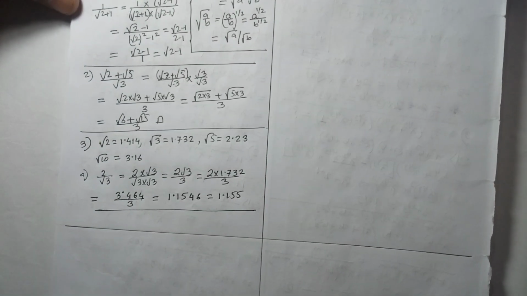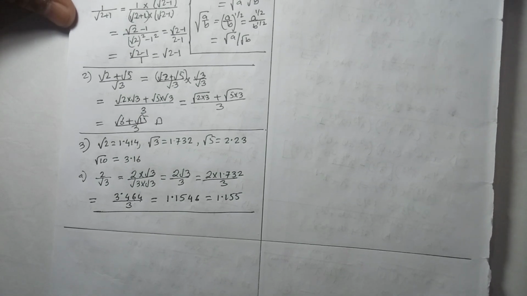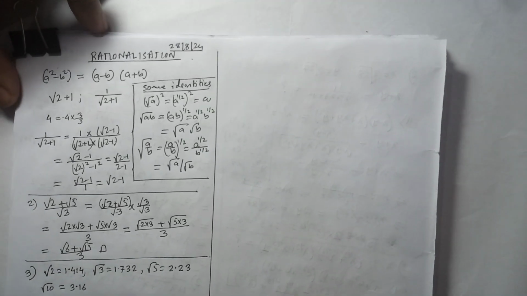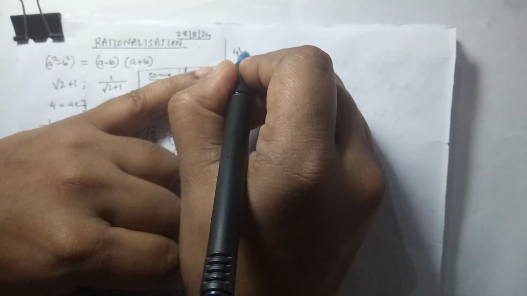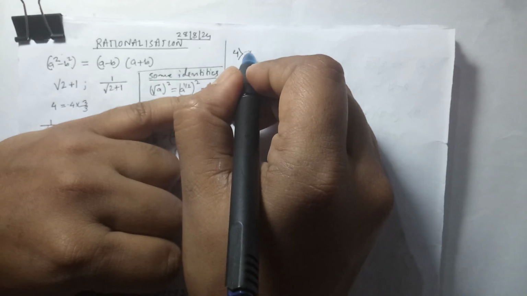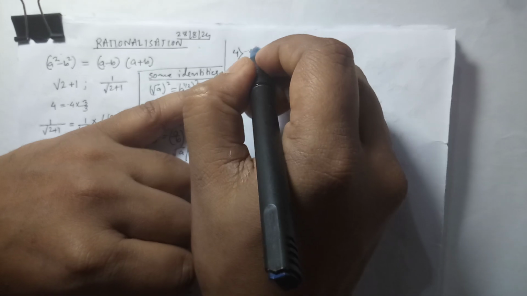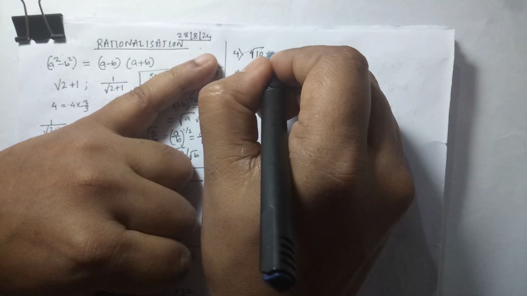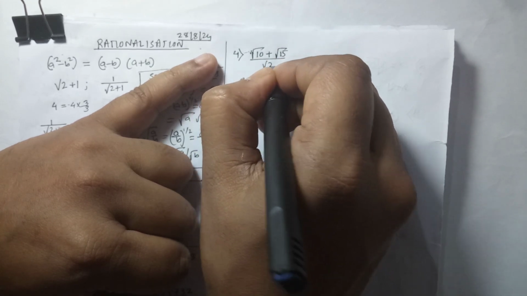Copy down. Moving to the next. Question 4 says root over 10 plus root over 15 divide by root over 2.